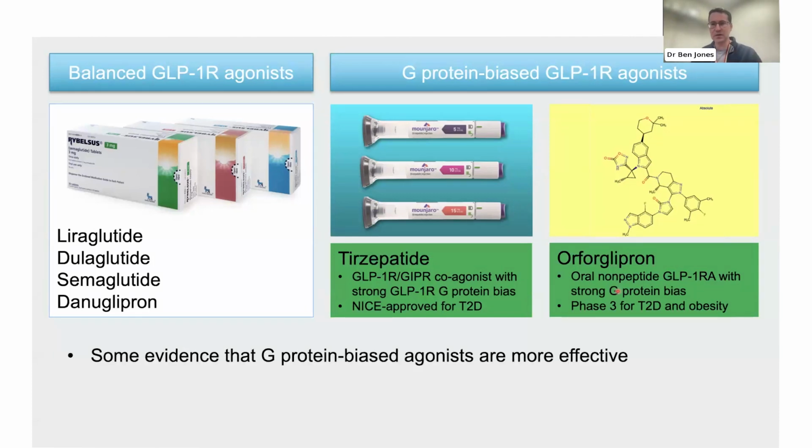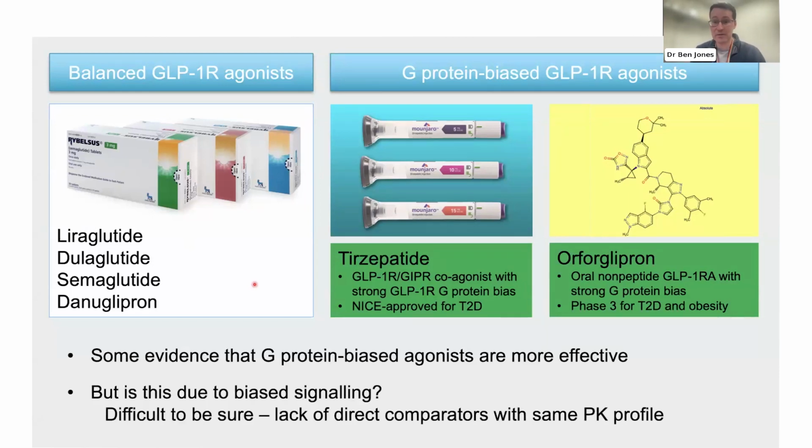I think it's very difficult to directly compare these kind of ligands, but I think overall the data suggests that these ones might be a bit better than these ones. Now, the problem is we don't know if that's due to the biased signaling, which they clearly do show, or whether it's something else. Obviously, tirzepatide as a co-agonist acting at a second receptor, that's clearly a potential reason why it may be better than a monoagonist such as semaglutide.